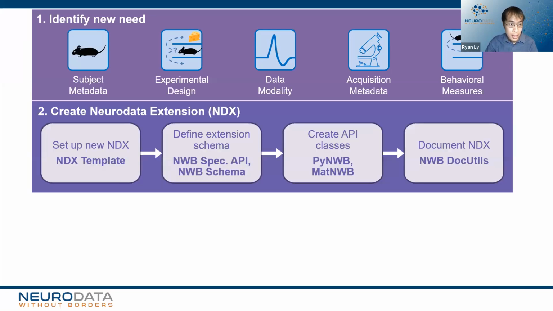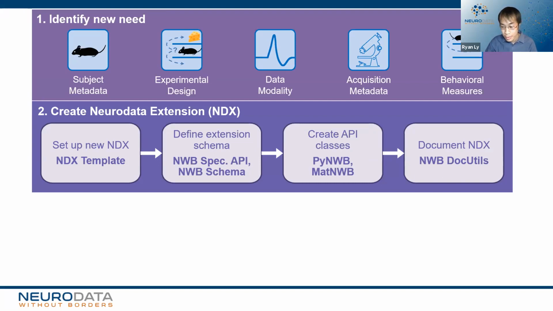And then you can use some of our tools, such as the NDX template, for creating a new neurodata extension. This is an open source template on GitHub that provides the basic framework for what an extension should look like and clear instructions of how to build the extension.